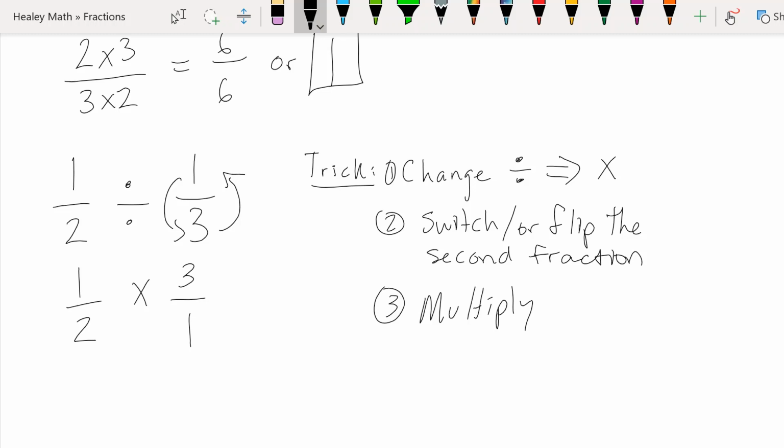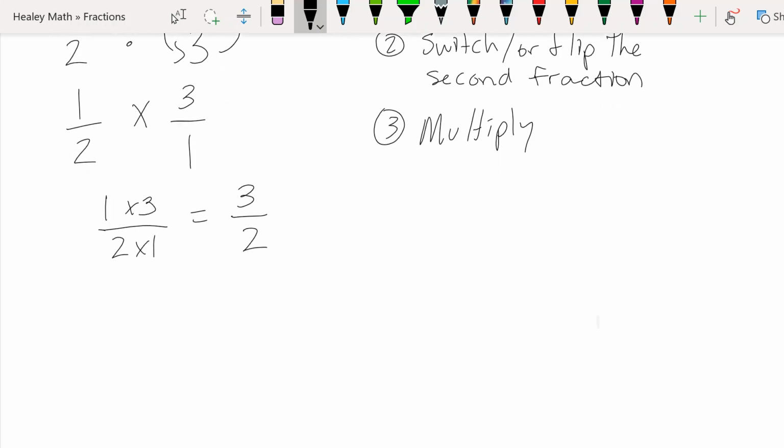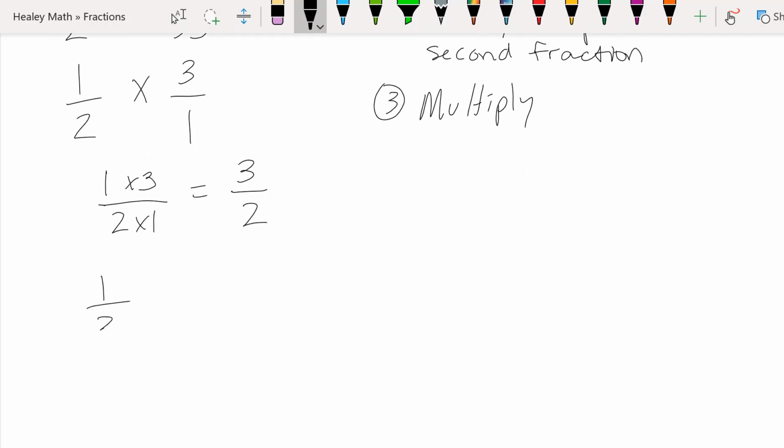So we multiply, what is 1 times 3? Divided by 2 times 1. And this is 3 over 2. So 1 over 2 divided by 1 over 3 is equal to 3 over 2, or 1.5.